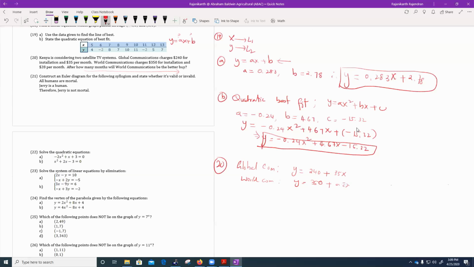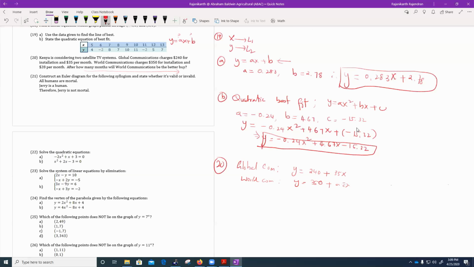Now equate these two and find the x value, which is going to be your break-even point. From that point onwards, the payment is better for World Communications.